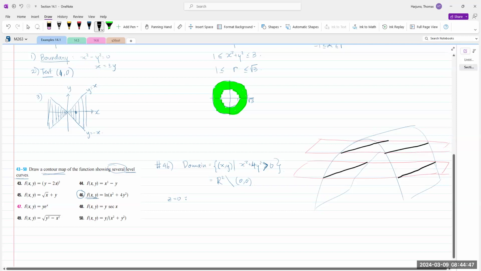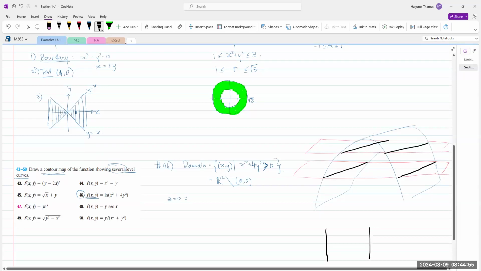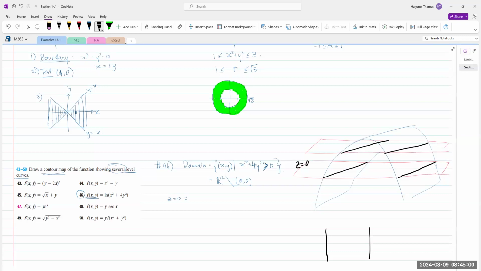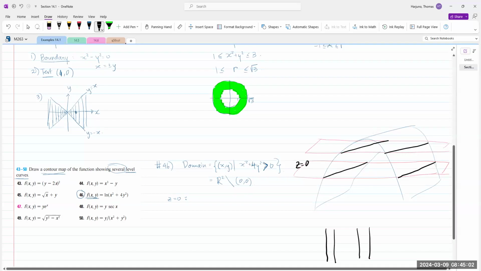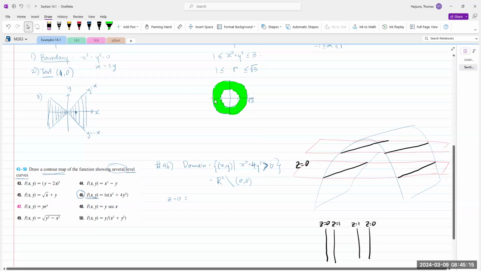Now the contour map is, if you see that from above, this is the contour map at c equals to 0, and this is c equals to 1. The contour map is when you put those level curves together and see the intersections at once.